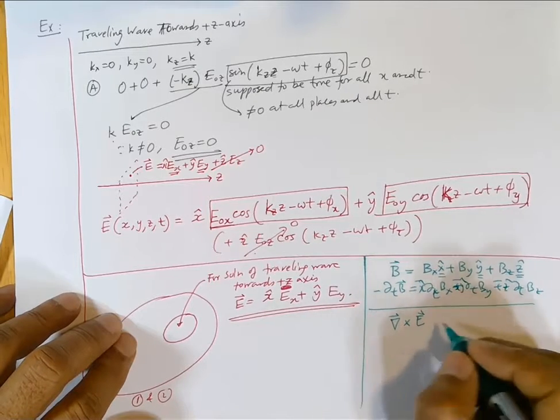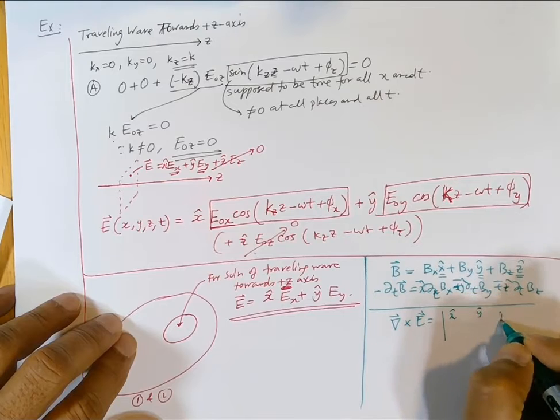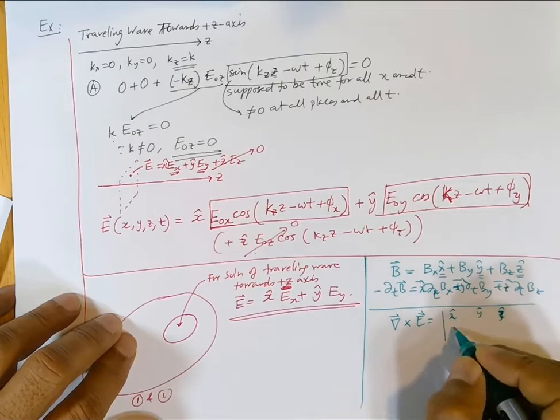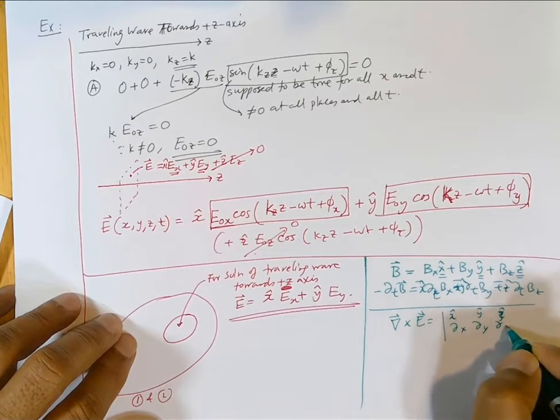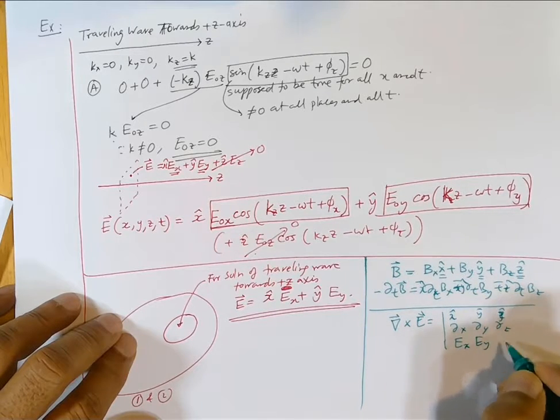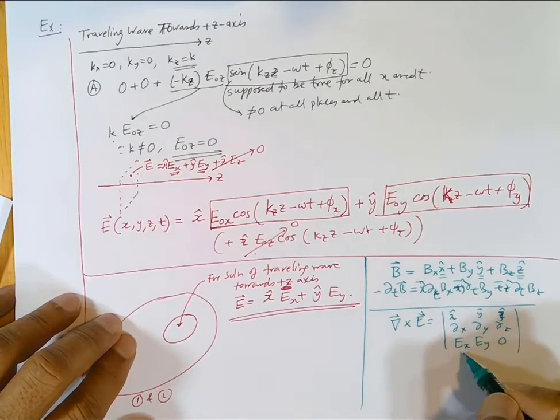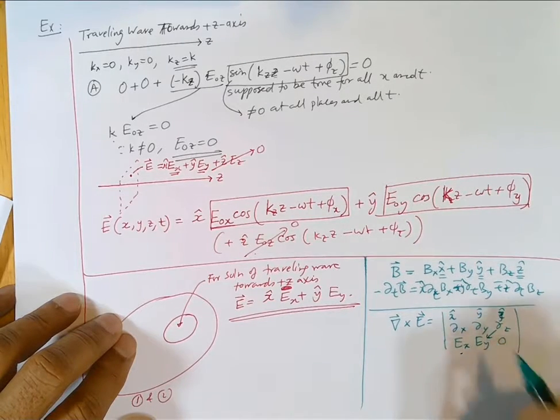So del cross E, well, how do I get it? We have to do x hat, y hat, z hat, dx, dy, dz, Ex, Ey, 0, because there's no z component. So if I go over here, I only get that.